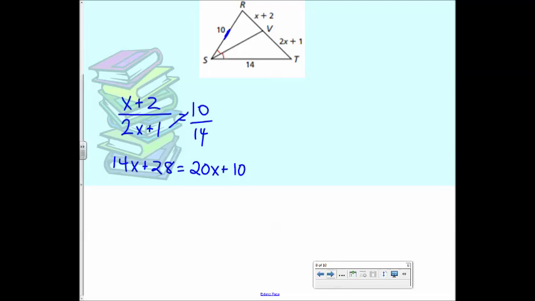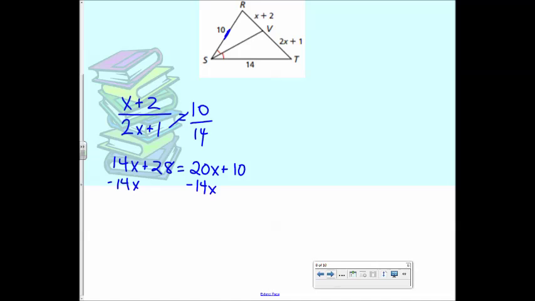Subtract 20x, oh, no, 14x. Why 14x? Good catch. Why that one? Then it keeps it positive. So minus 14x, and then I also have to do minus 10, minus 10. So I end up with, what's 28 minus 10? And what's 20 minus 14? So then x must equal 3.